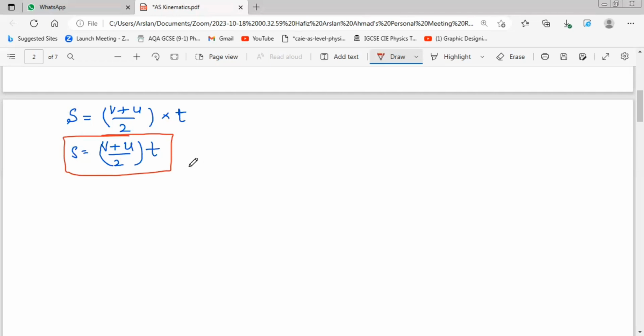We will get this equation by substituting equation number 1 in equation number 2. So the third equation is, first of all, I will write the final equation, that is s is equal to initial speed multiplied by time, plus 1 over 2 a t square. We will prove this equation as the third equation.